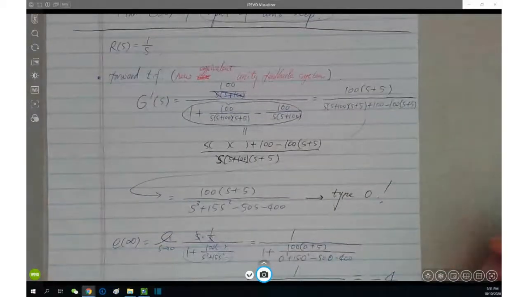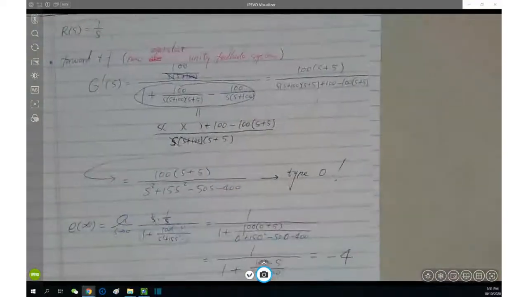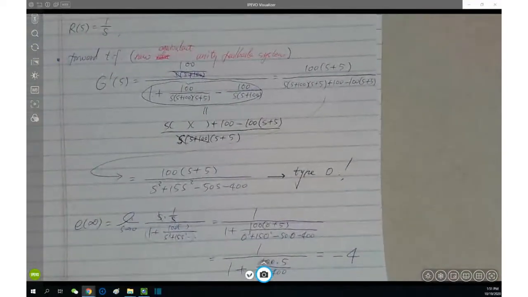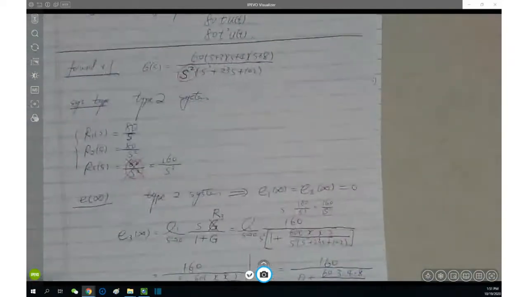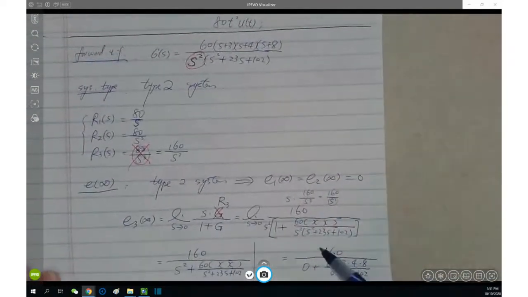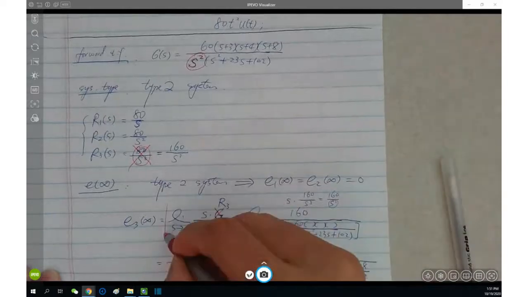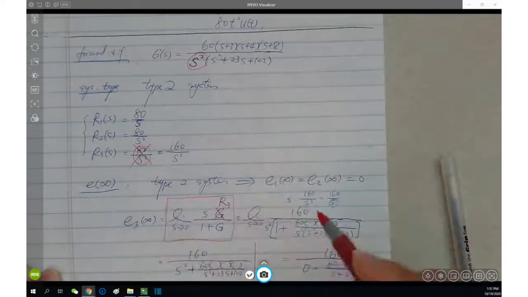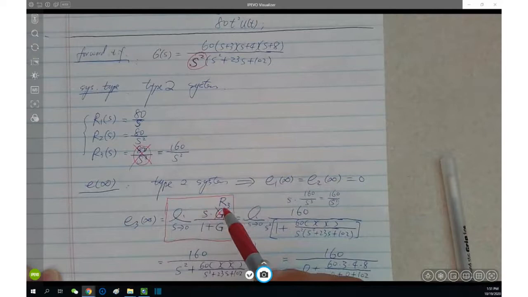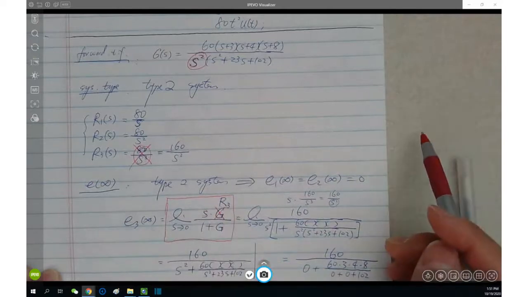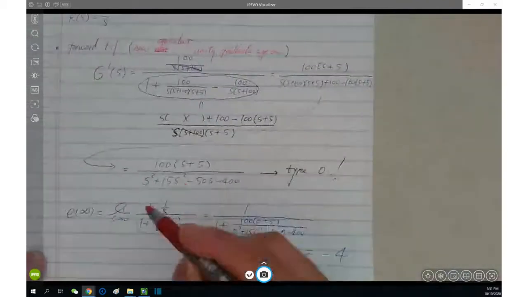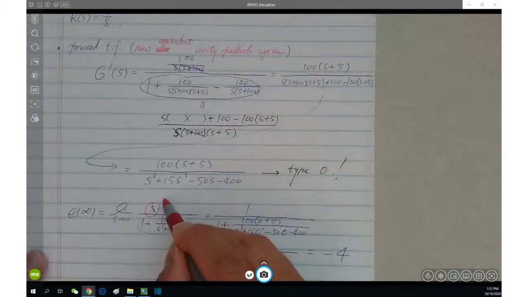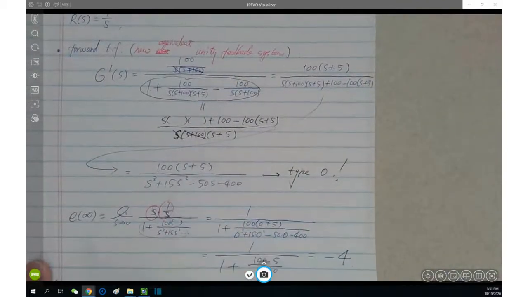Oh, so Yadav has a question saying how you got the s times 1 over s in the numerator. Here, this is the formula, the formula we have been using here. Recalling the previous example, this is the formula we apply. Numerator is s times the input. Here it is still s times input, the input we have specified here.